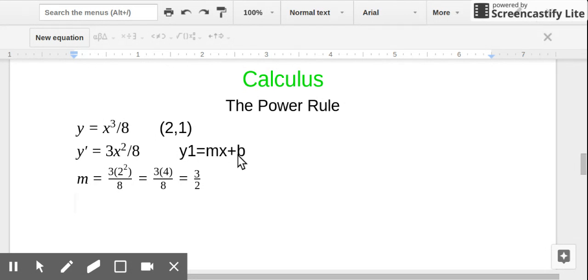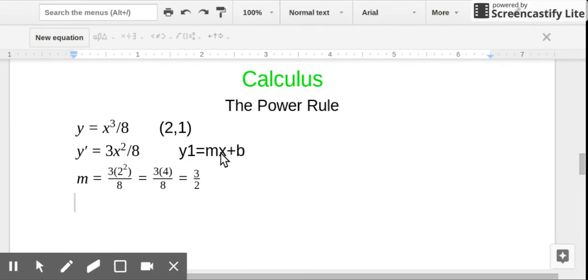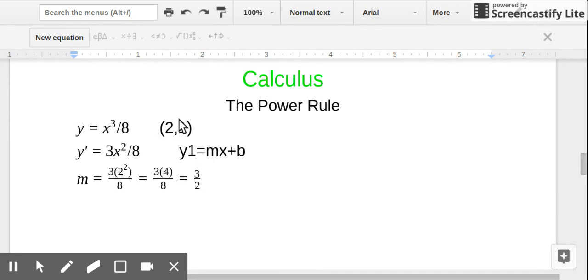Now we can use the slope-intercept form, or we could use the point-slope form for solving for b. It's all up to your own preference on what you want to use. I'm going to go ahead and just use this one here.